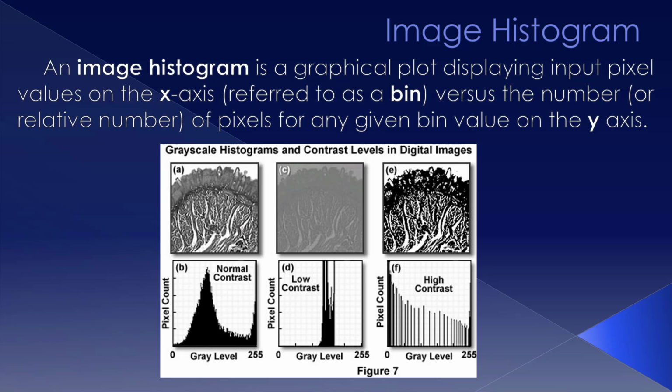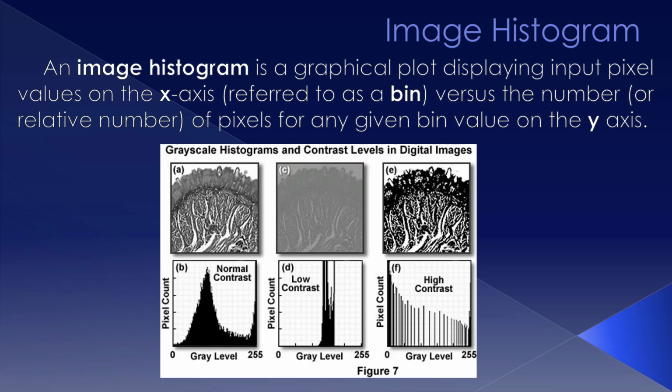These histograms correspond with the images that are directly above them, so histogram B goes with image A, etc. If you look at the normal contrast image, you can see that the histogram is very close to a normal distribution. There is a peak at the 255 level, which are the very bright areas in the image.